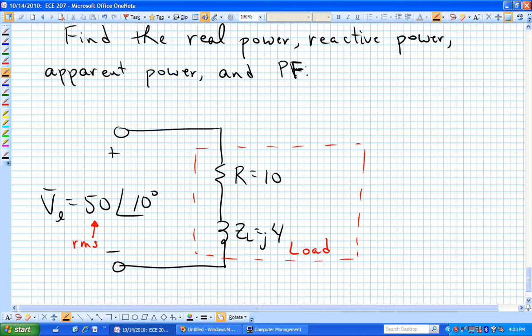I'm telling you that maybe that's the load sitting out there, and they can measure now this voltage drop across that load, and they've measured it to be 50 RMS at an angle of 10 degrees.